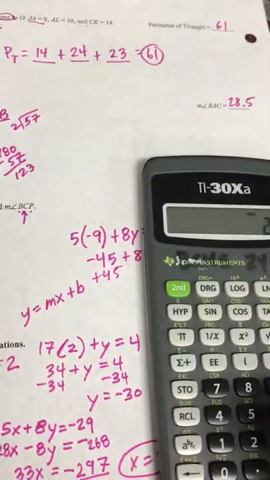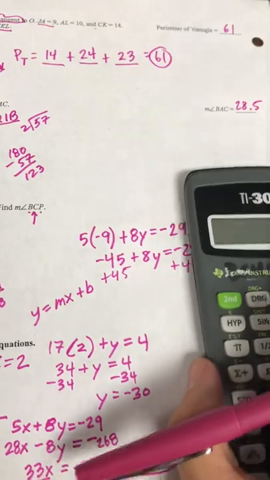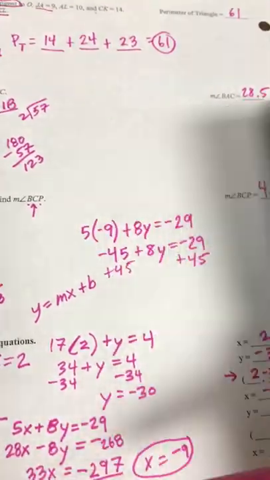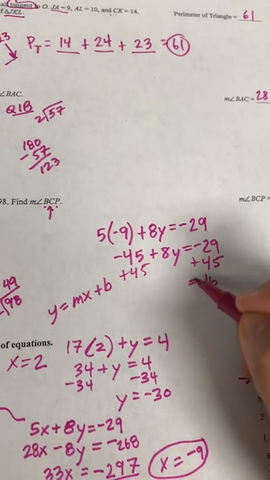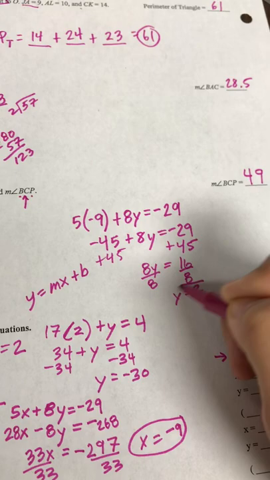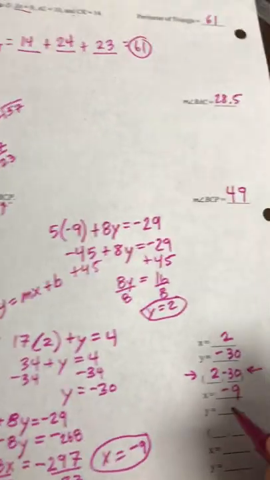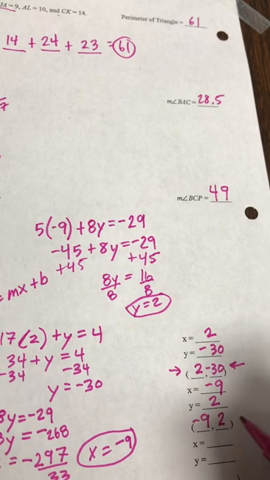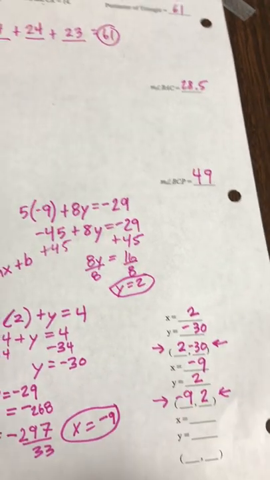So if I take a 29 and make it negative, now I want to add it to 45. And I get 16. That worked out nicely. Y is 2. So these two lines crossed in the universe and they met at a single point, the coordinate negative 9, 2.